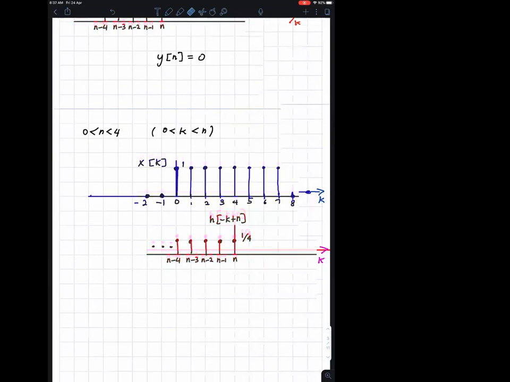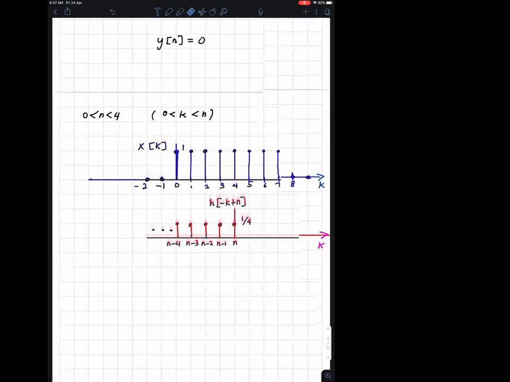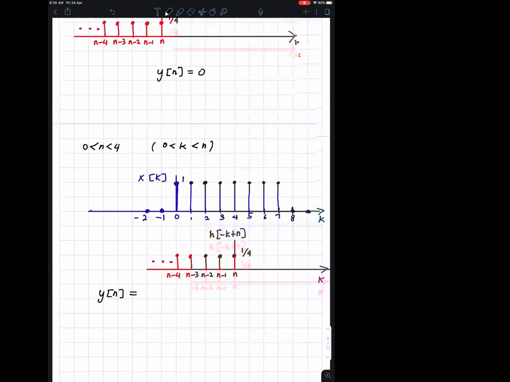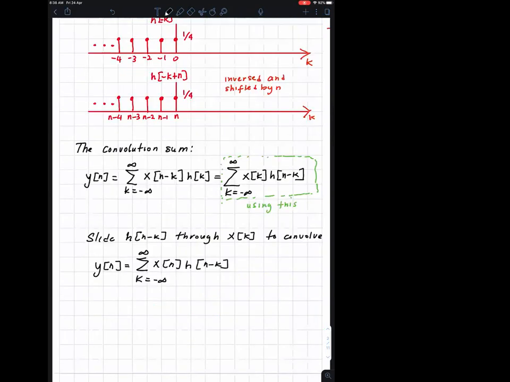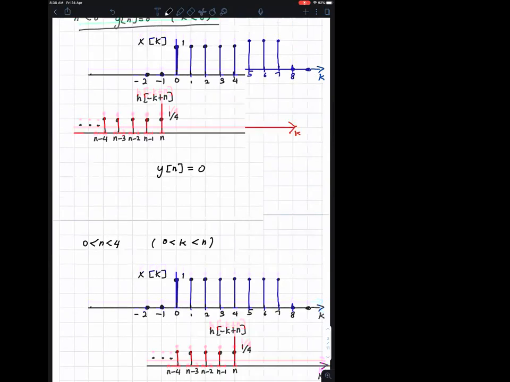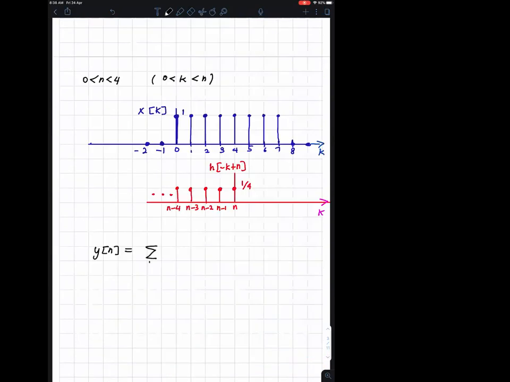Okay, next, since we have overlap now, we're going to have an output. The output uses this summation formula, k from minus infinity to positive infinity.